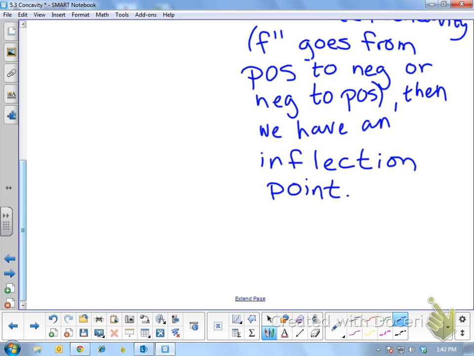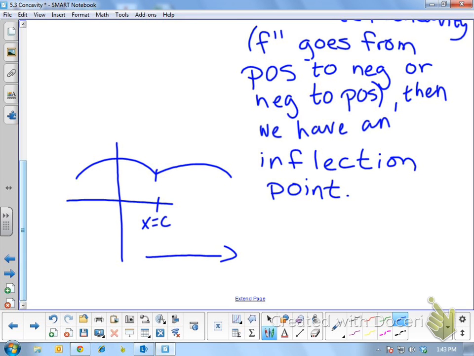It's possible to still get y double prime equaling 0 or not existing, but not be an inflection point, something like this. This would come up when we tried to set y double prime equal to 0, this x value, we'll call it x equals c. But when we perform our line test, we would get negative to negative.